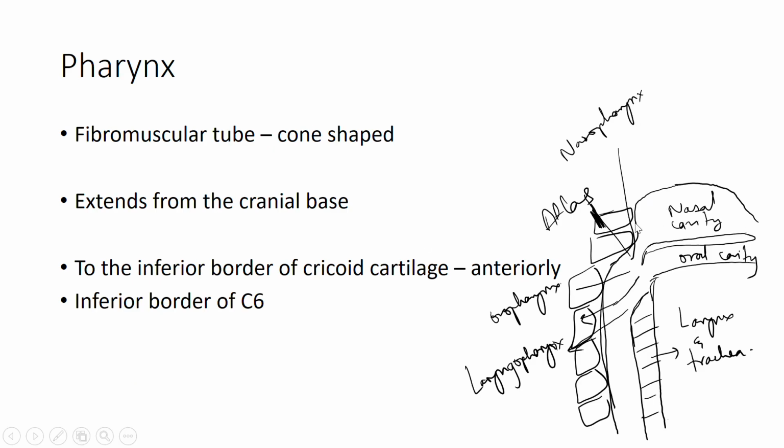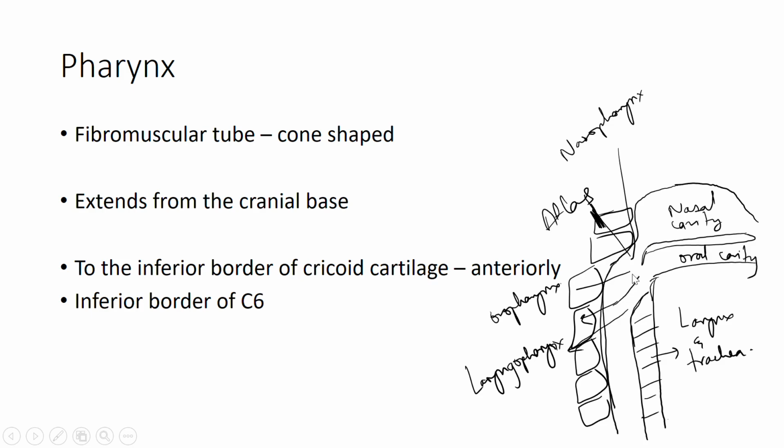Here you have behind the nasal cavity, behind the oral cavity, and then this is your larynx and this is your esophagus. The pharynx continues down as the esophagus, and the larynx begins here. Till this portion the pharynx has a dual function of carrying both air as well as food, and after that it goes into its respective pathway.